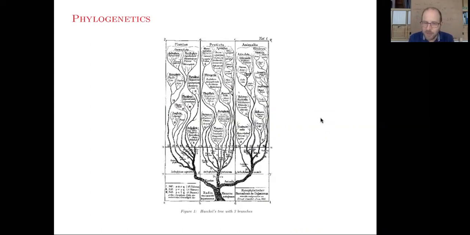This was the first attempt to draw a tree where all the known species are organized according to their common ancestor. Here we have two species and the common ancestor down there. Of course, back in the time, the relationships between species were mostly about appearances, for example, some birds have the same shape of beak, or you have some physical features in common or not in common.